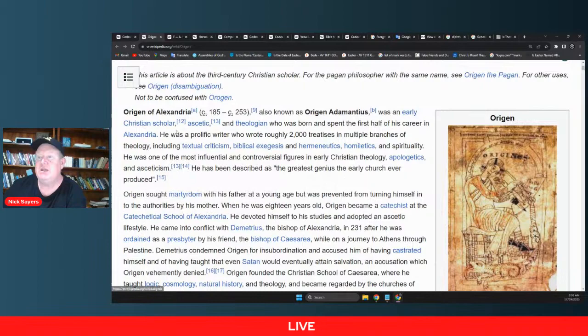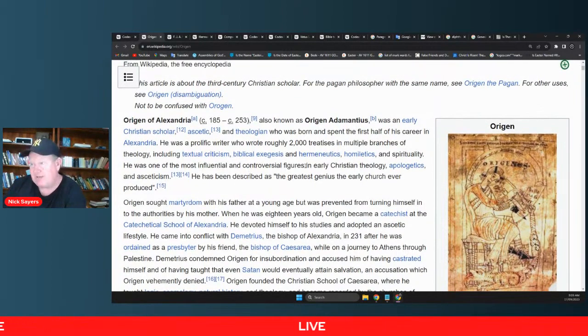So it's in Egypt. He was a prolific writer who wrote roughly 2,000 treatises on multiple branches of theology, including textual criticism, biblical exegesis, hermeneutics, homiletics and spirituality. He was one of the most influential and controversial figures in early Christian theology, apologetics, and asceticism. He has been described as the greatest genius the early church ever produced.